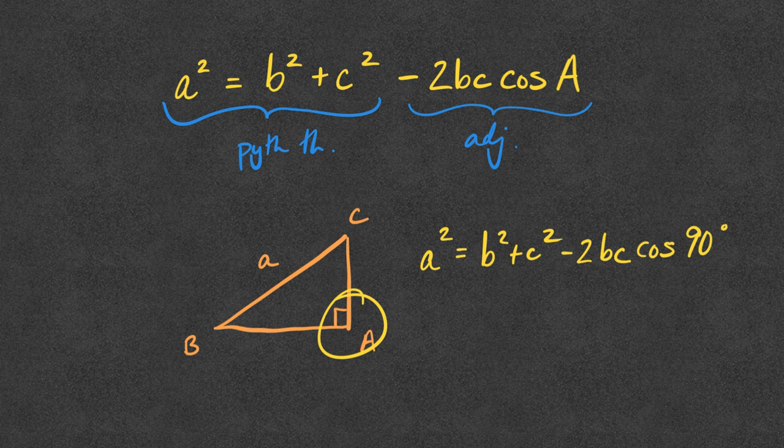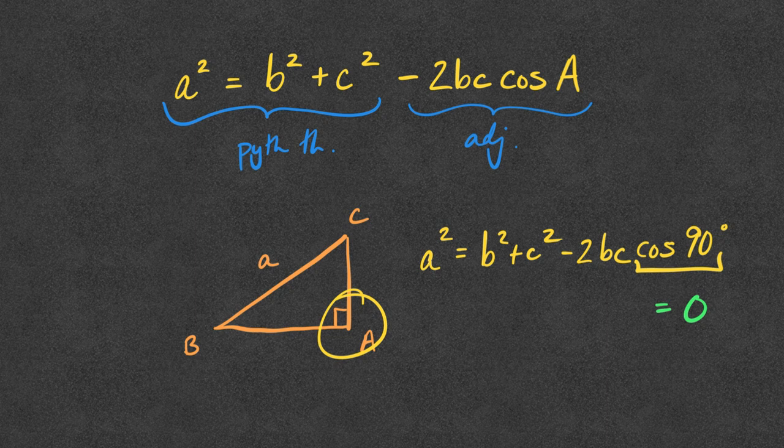Okay, if I can get you to push some buttons on your calculator, I want you to actually see this for yourself. So take a moment, punch into your calculator cos 90 and see what you get. Okay, you should get something very interesting. Cos of 90 equals 0. Well, let's play that through a little bit. What's the consequence of that?